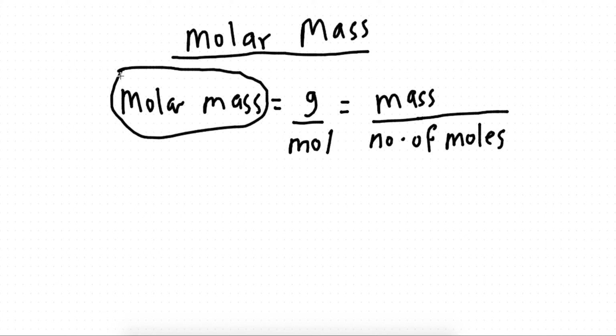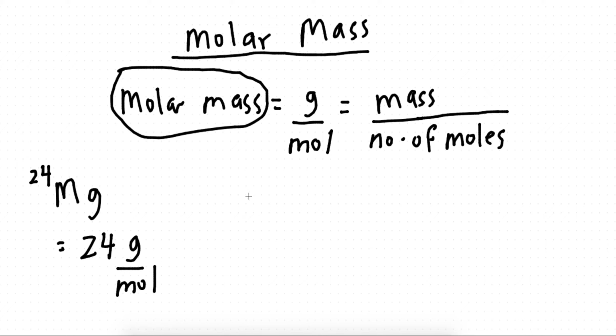The value of our molar mass is the same thing. It's the same number with the units gram per mole. So if I ask you, what is the molar mass of magnesium? You look at your periodic table, look at your nucleon number. Your nucleon number is 24. So your molar mass is 24 with the unit gram per mole.